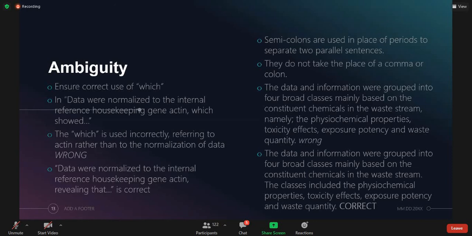So the better sentence would be, data were normalized to the internal reference housekeeping gene actin, revealing that, or perhaps then you will tell the reader the term which includes this and this things.